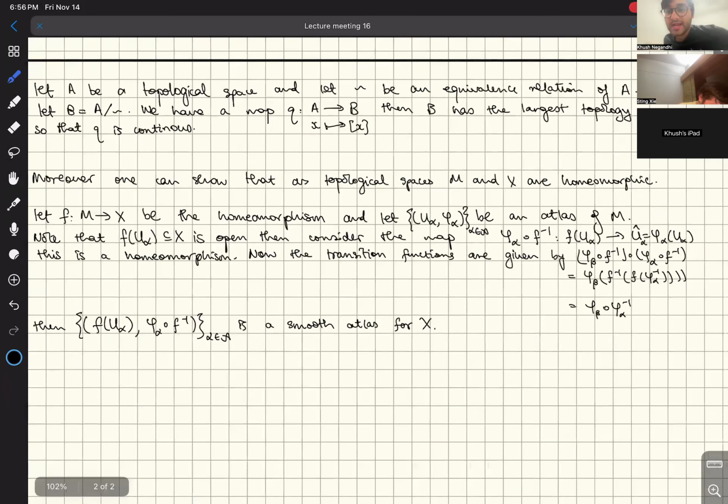And since it's a smooth atlas for X, you then know that you can extend this into a smooth structure on X, making X and M into diffeomorphic smooth manifolds.